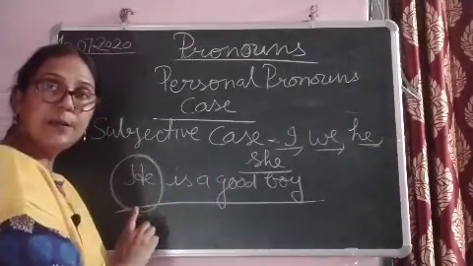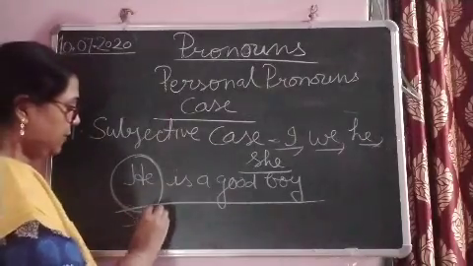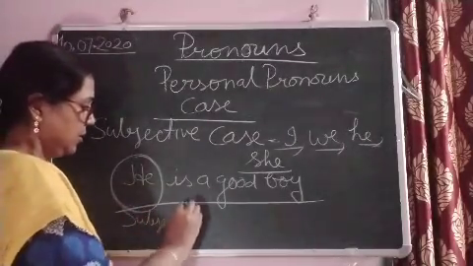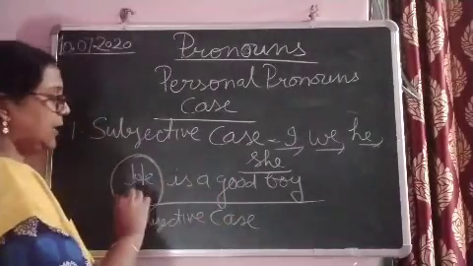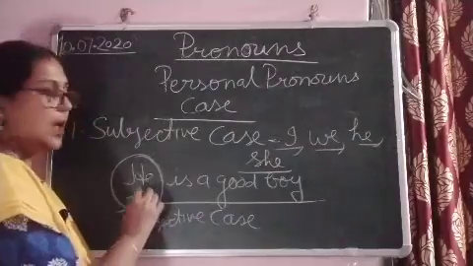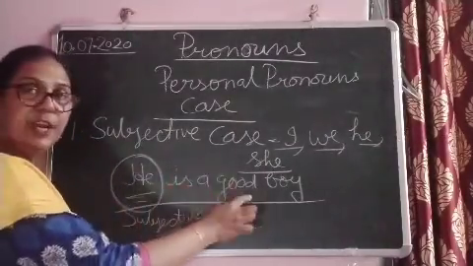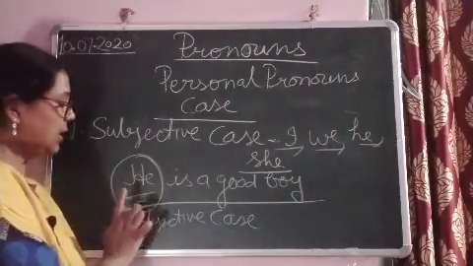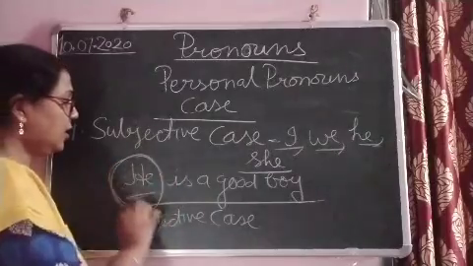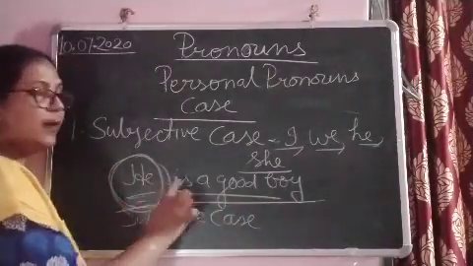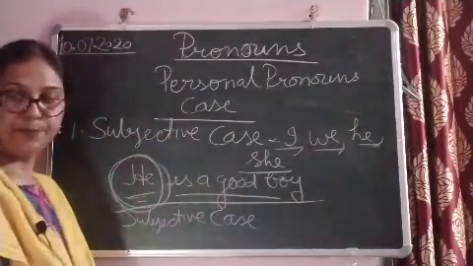This is the subject of the sentence, so this is called subjective case, because here he is a pronoun, and it is the subject of this sentence. So it is called subjective pronoun case.